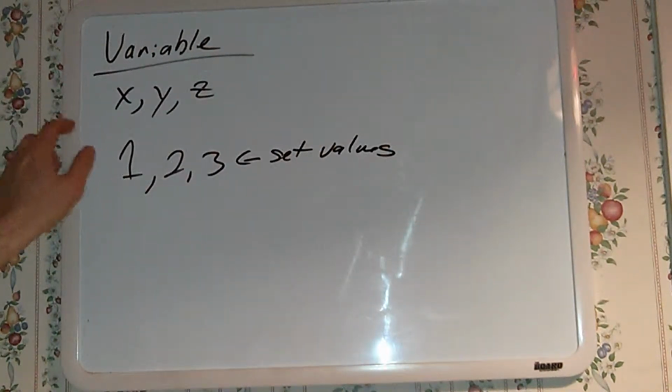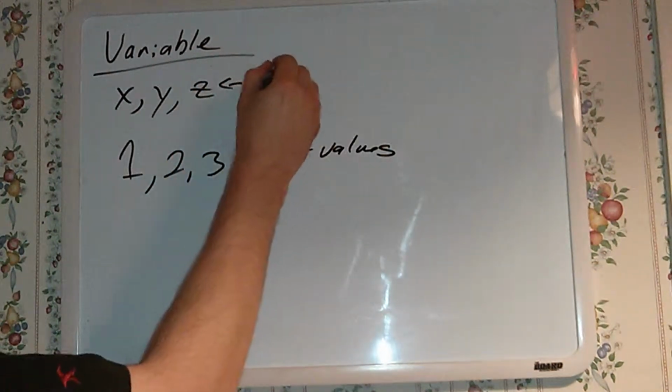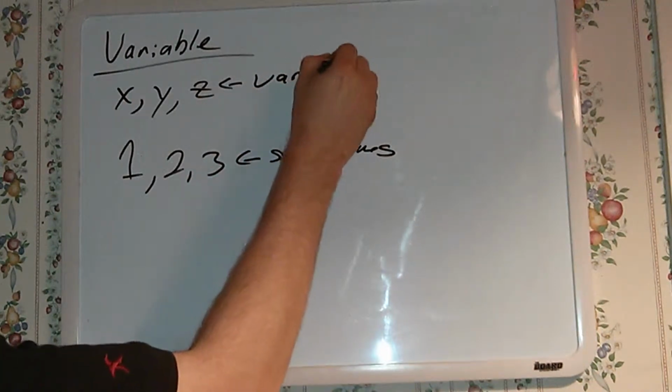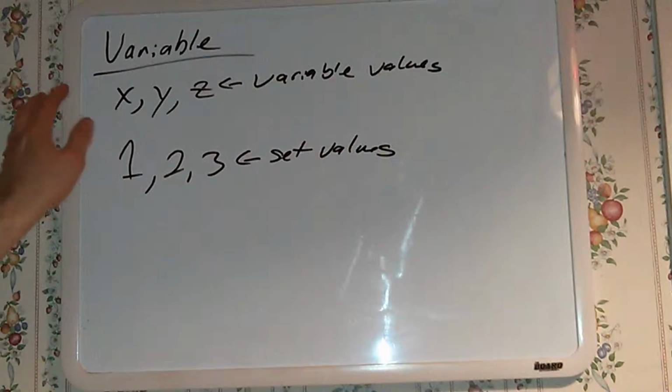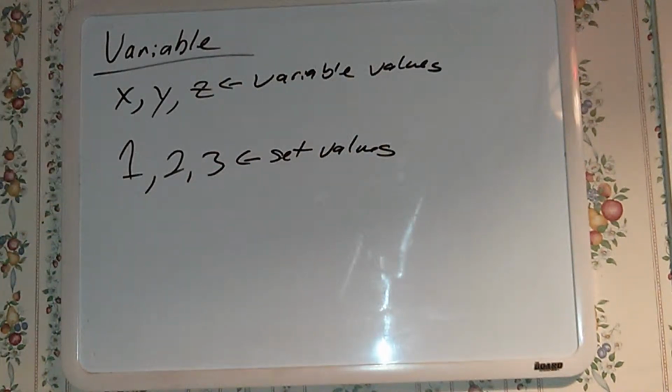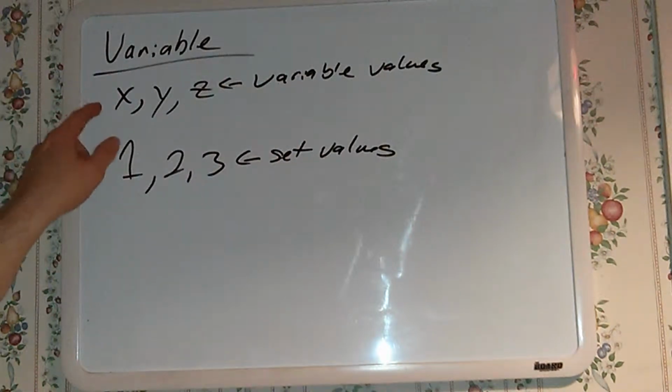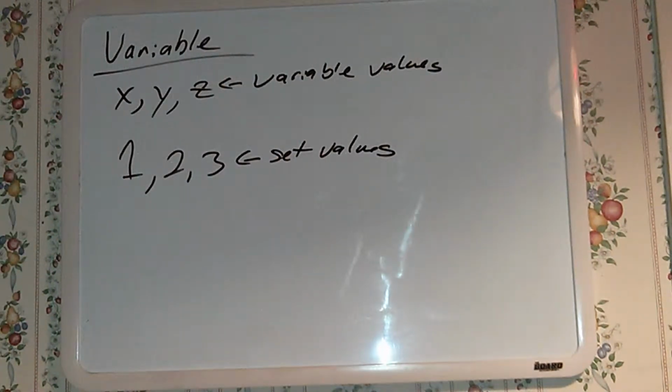But if you have a variable, you can have variable values. Now, within the same problem, a single variable can only hold one value. But when you go to the next problem, x could have a different value. That's why they're called variables.